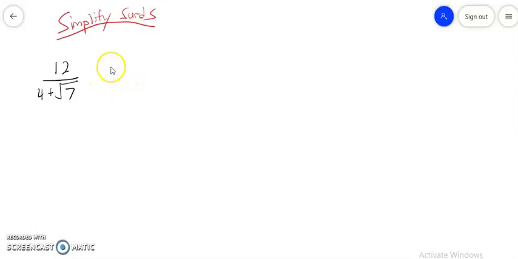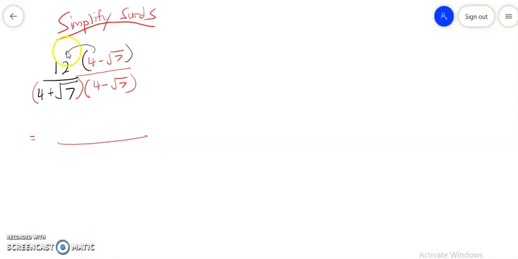So we have to multiply with its conjugate, which is 4 minus square root of 7. We multiply both the numerator and also the denominator.